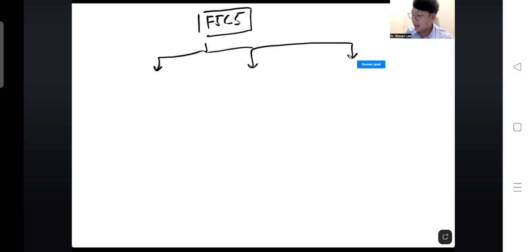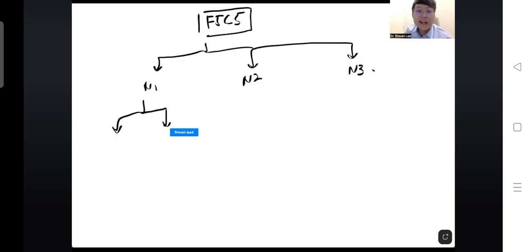If you attended my lesson, you will see there are three sets of notes in the Google Classroom: note one, note two, and note three. In note one, we mainly focus on what is tropism reaction, tropism response versus nastic response.